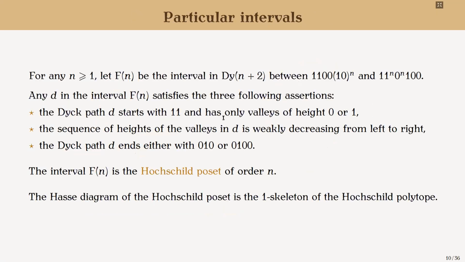So what we want to look at is a particular interval in this Dexter order, starting from the Dyck path 1, 1, 0, 0, followed by 0, 1, 0 repeated n times. So 1, 0, 1, 0, 1, 0, etc.